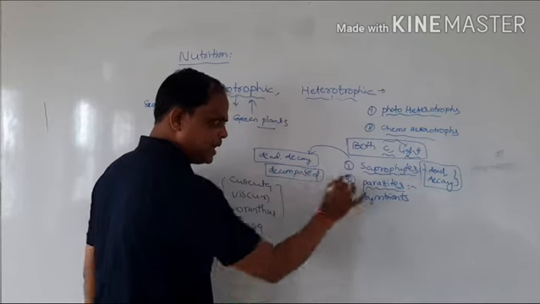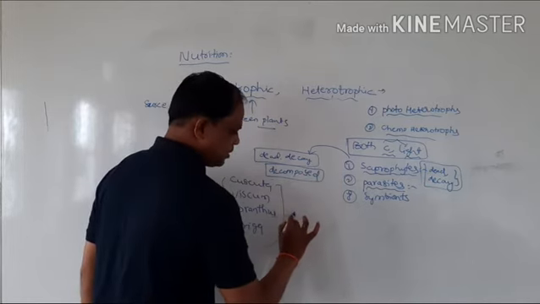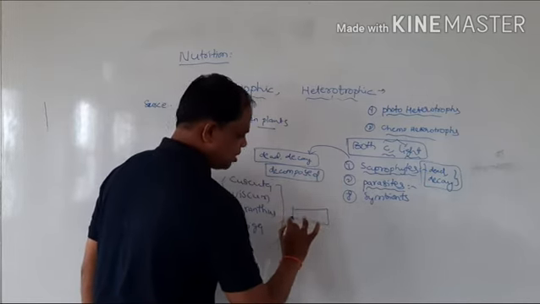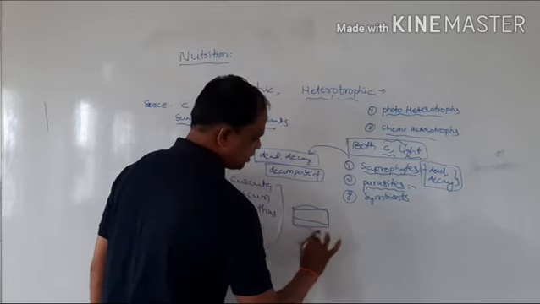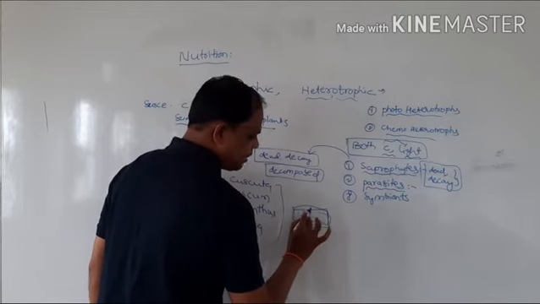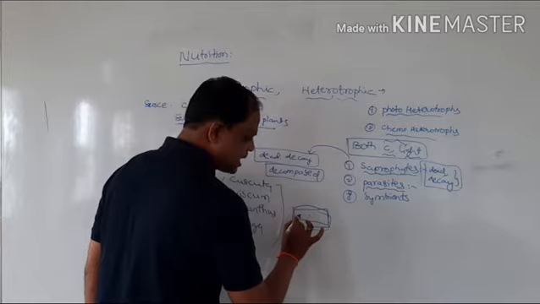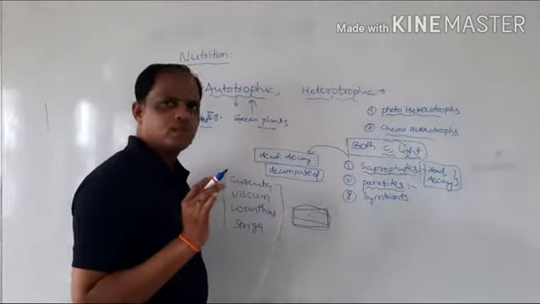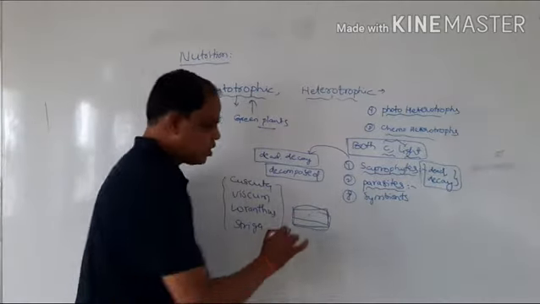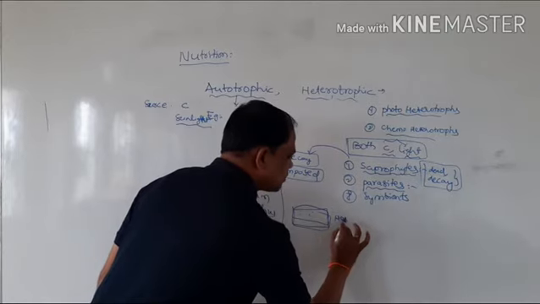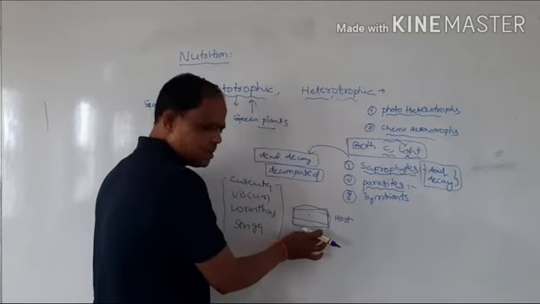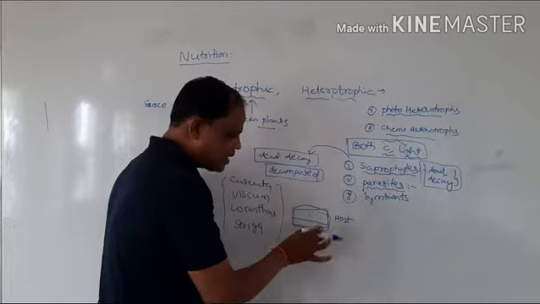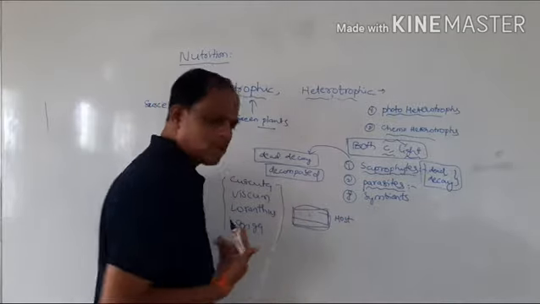So for example, this is the host organism. This organism gives shelter and nutrients, and such an organism is called a host organism. It gives shelter and nutrients to the parasitic organisms.